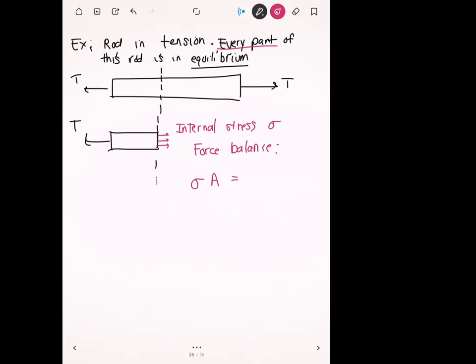And so we have the internal stress sigma, and if we want to transform that into a force, we have to multiply it by A, which is the cross-sectional area. In order to have static equilibrium, then the product of sigma times A has to be equal to the tension T.